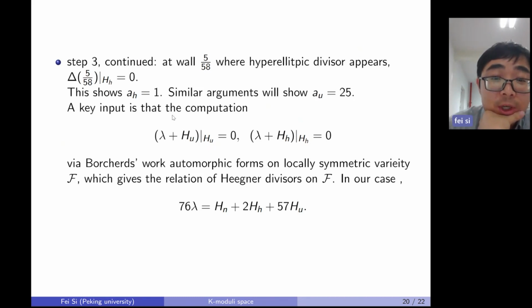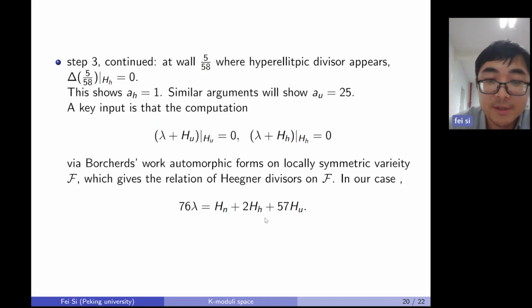But we need to use an important relation for these line bundles after restriction on divisors. Actually, this is done by using the work of Borcherds on automorphic forms of locally symmetric varieties. His technique will give us the relations between the so-called Heegner divisors on the locally symmetric variety.